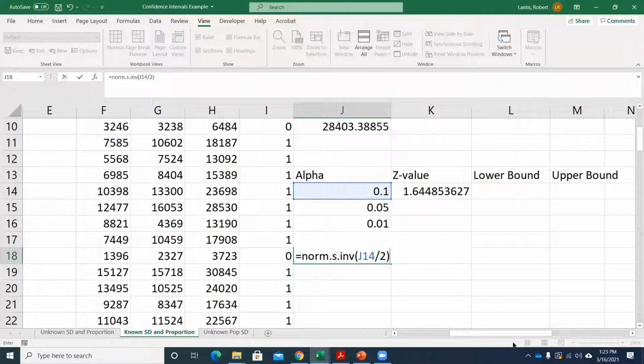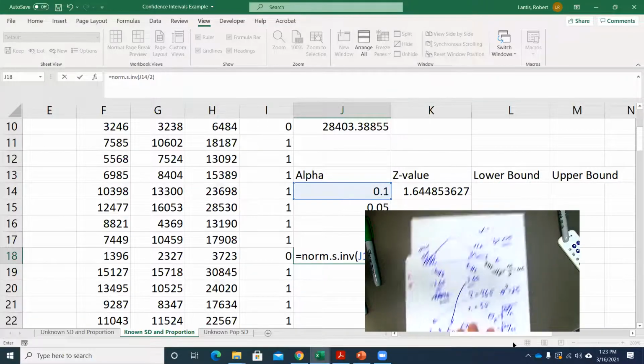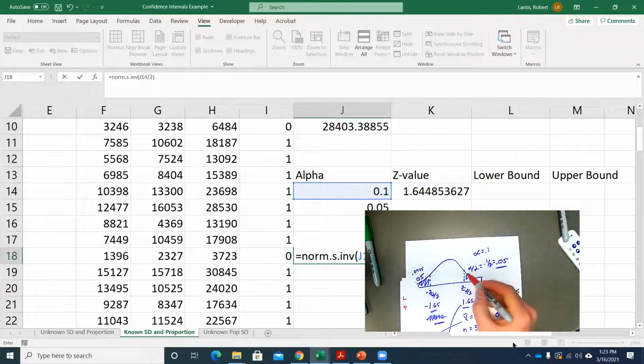If I was thinking about the right side of this distribution, and I wanted alpha over 2 in this upper right tail, then if I tell Excel the area to the left, which would be 1 minus alpha over 2, it will return to me the same z-score, but positive. Okay. So I can use that absolute value. That's usually how I do it, honestly, because that's the way I think.